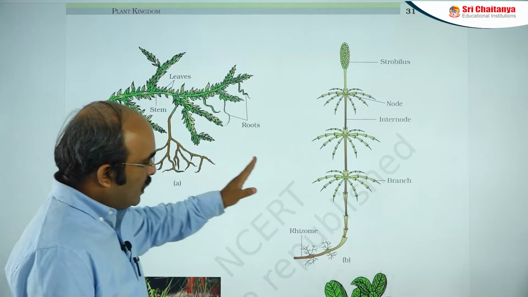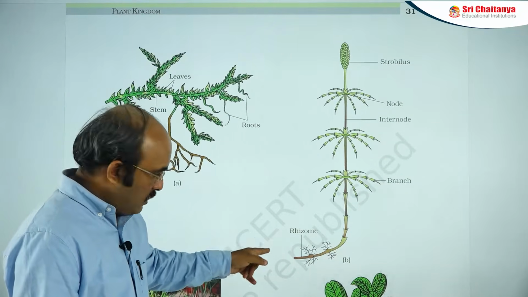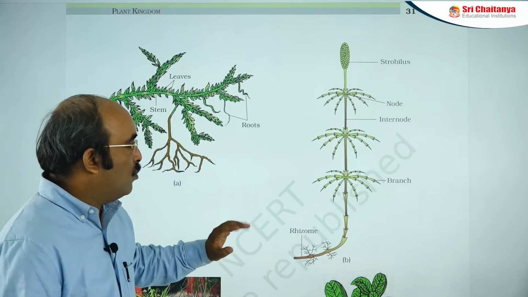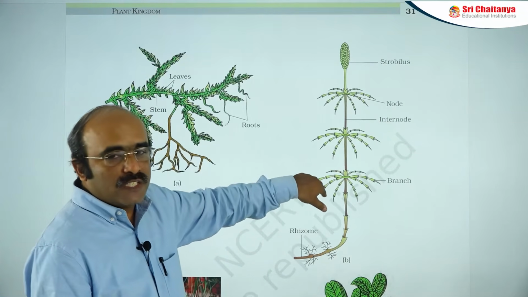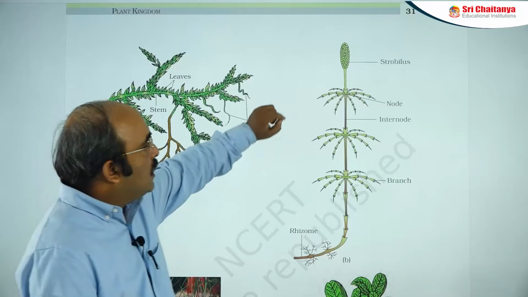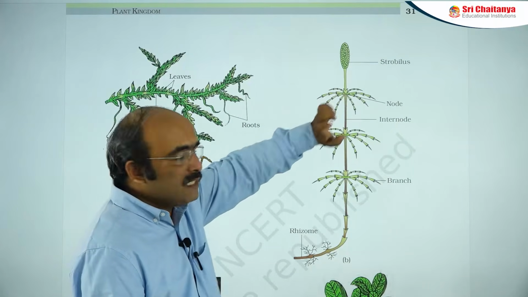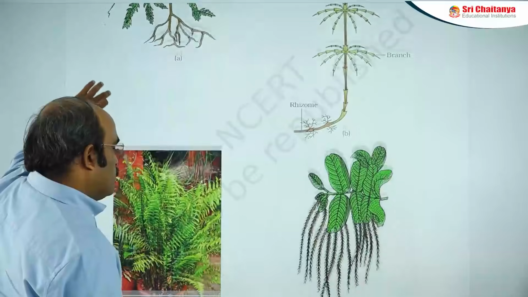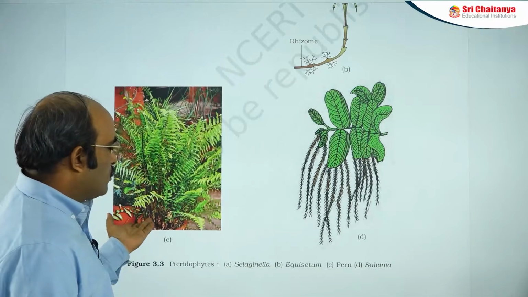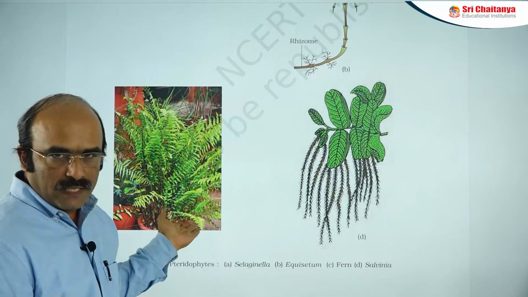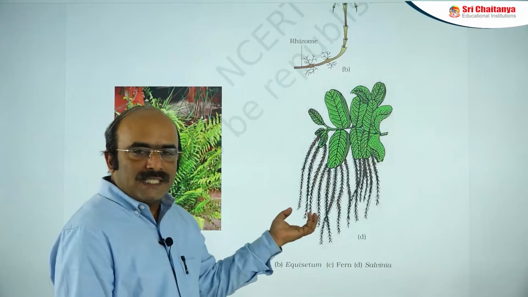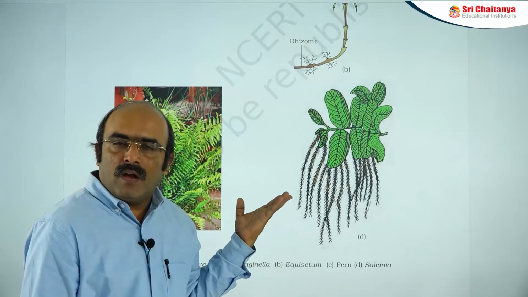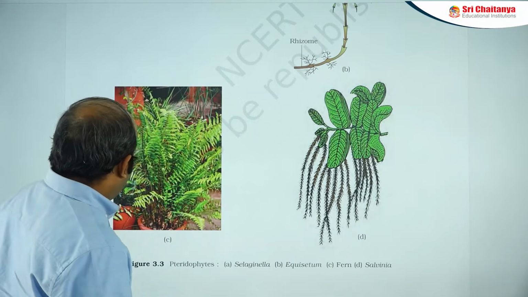The second one is Equisetum, which has a rhizome as the stem modification. You could see the branches arranged in whorls, and you could also see the strobilus. This is a fern, Pteris. Then the last one is Salvinia, which is a hydrophyte, an aquatic pteridophyte.